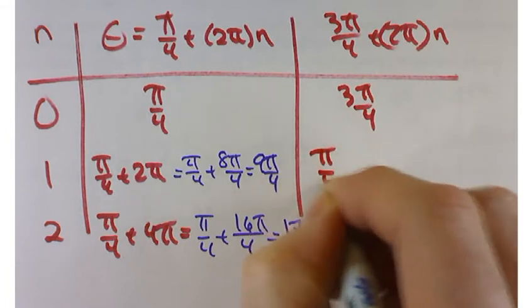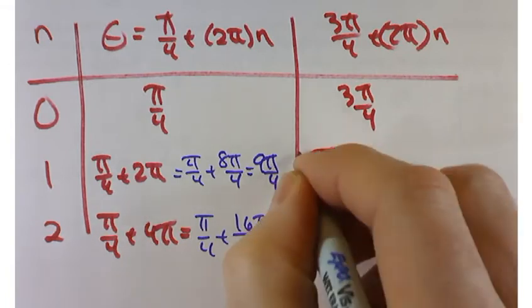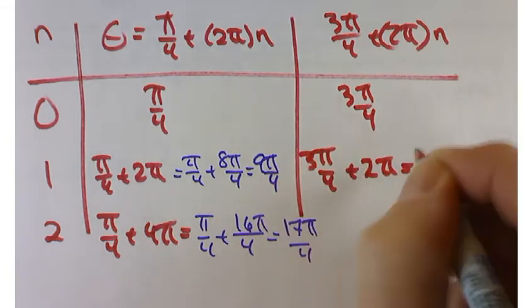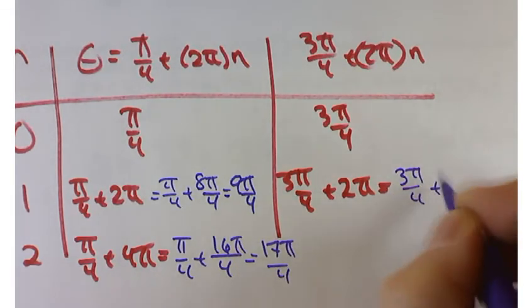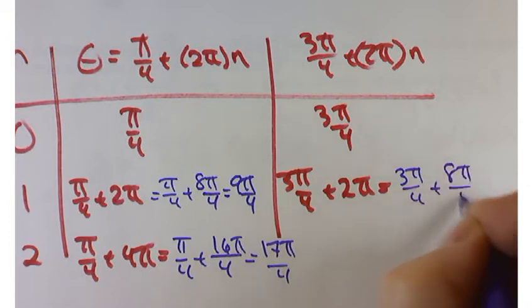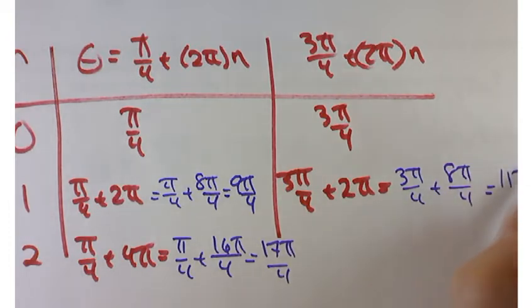3 pi over 4 plus 2 pi. And I'll rewrite that as 3 pi over 4 plus 8 pi over 4, which is 11 pi over 4.